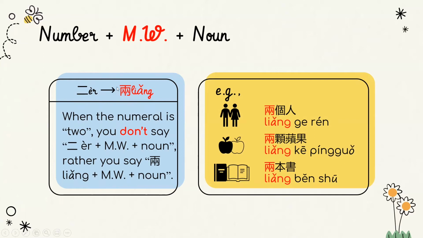We have to change to 两 when you are talking about quantities or amounts. So 两个人, and two apples, 两颗苹果, not 二颗苹果. That's the one thing you have to remember about measure words and quantities: the number 2 changes to 两. And two books, 两本书.